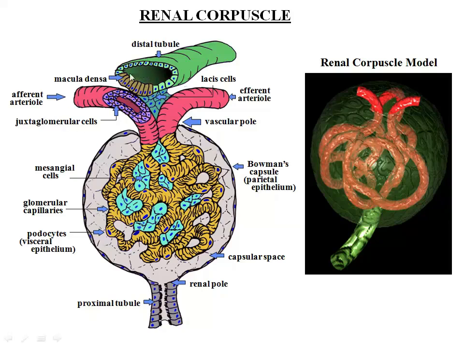Okay, so this connection zone where the distal convoluted tubule comes back to touch the afferent arteriole near the glomerulus is called the juxtaglomerular junction. Remember, when we say juxtaglomerular junction or juxtaglomerular structure, this is what it is: a reunion of the wall of the distal tubule with the afferent arteriole.